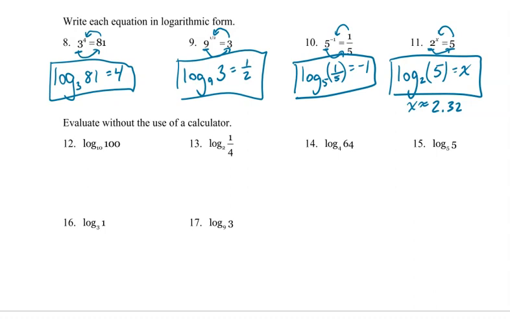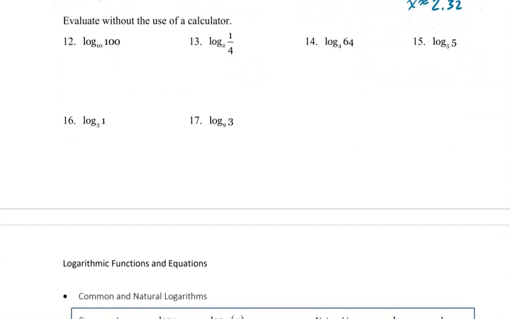All right, so with that said, with rewriting it out of the way, let's talk about evaluating. So evaluating a log just means that we're going to be asking that question that we were asking at the beginning of this video. So it's always going to be, what power do we need to put on the base to get whatever is inside? Right?